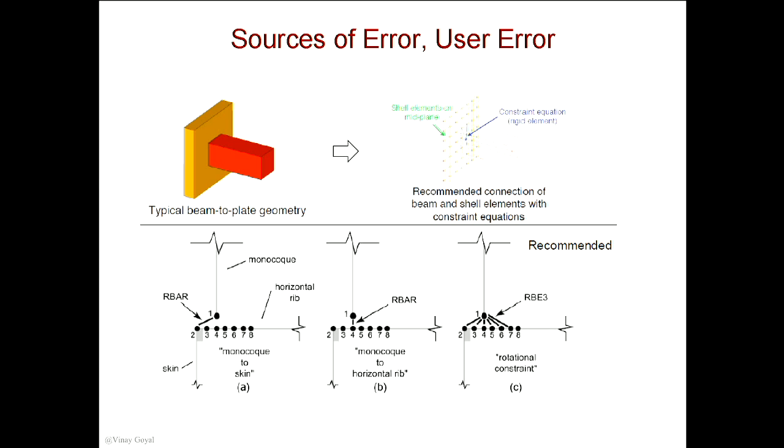Otherwise, you'll have too soft of a behavior of how that beam moves relative to that shell. A 2D cross-section of that will be this plate coming in. So you want to have rigid body, rigid elements, 1D elements connecting to that footprint well. So you have a good connection between that plate and this plate.